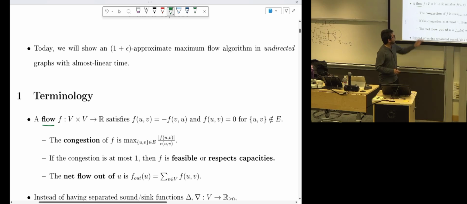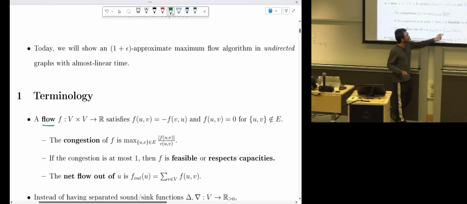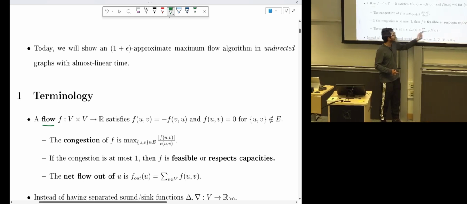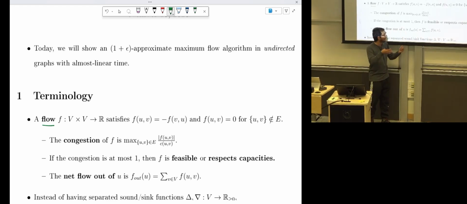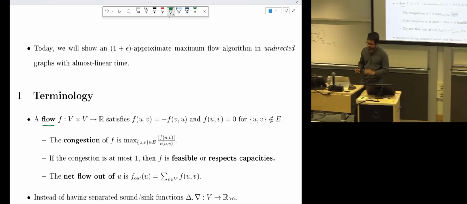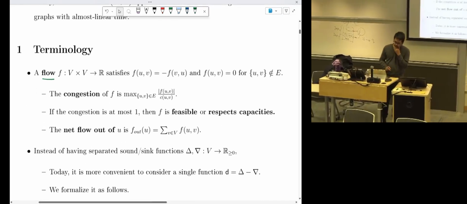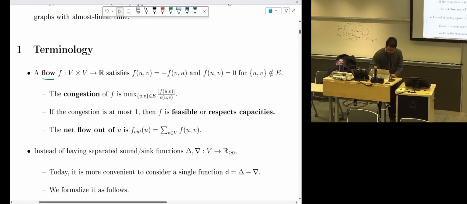And the net flow, just like before, is the net flow out of u, which is just the total flow out of u. The inflow into u contributes negatively to this term. Okay, so that's normal.